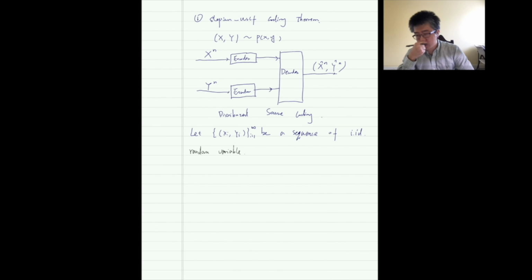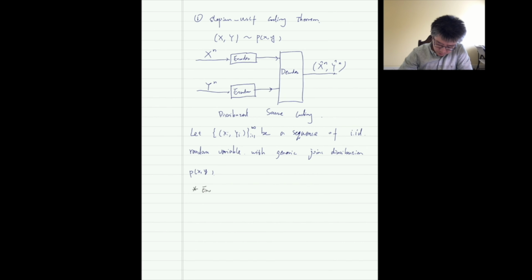We're still considering DMS, right? So therefore, it'll be i.i.d. with generic joint distribution p_XY, okay?